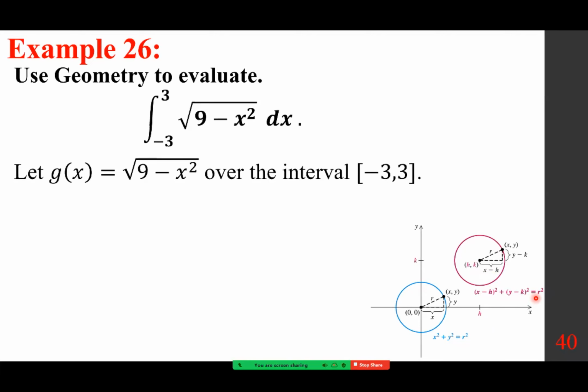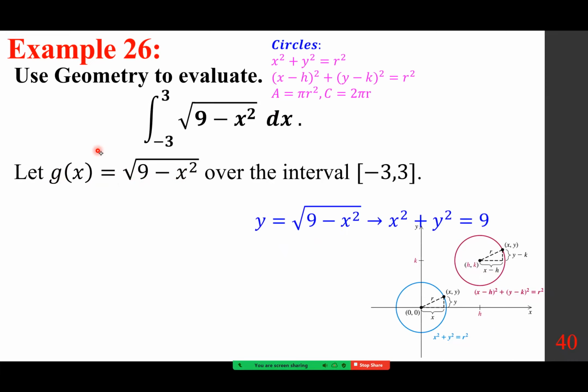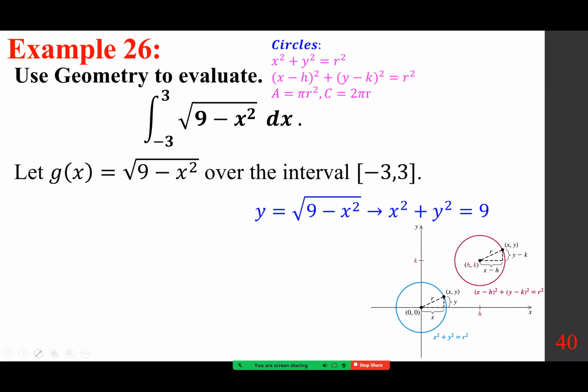That's the general form. What I want you to concentrate on is, if instead of g you call this y and then you square it, y squared is 9 minus x squared, so you get x squared plus y squared equals 9. And this is a circle centered at 0, 0 with radius 3.